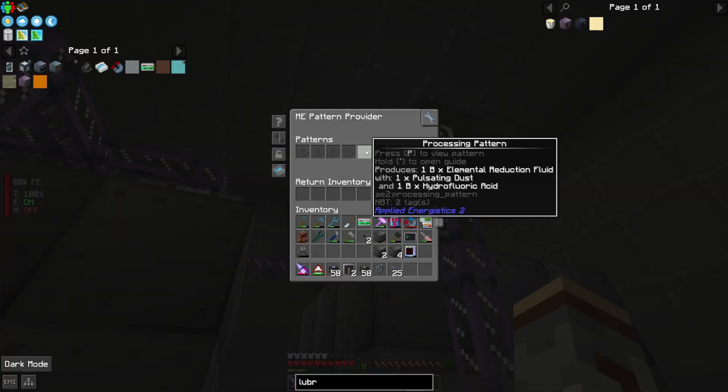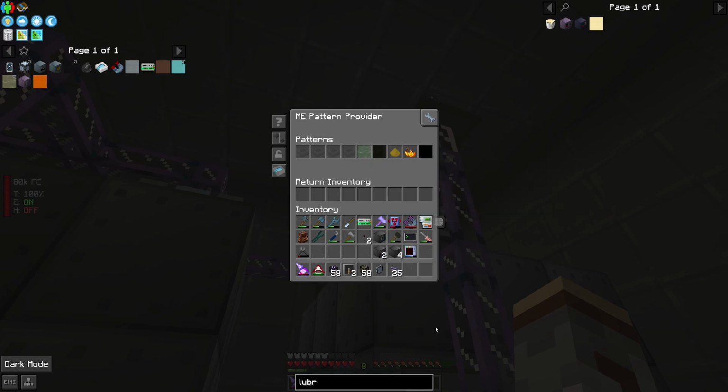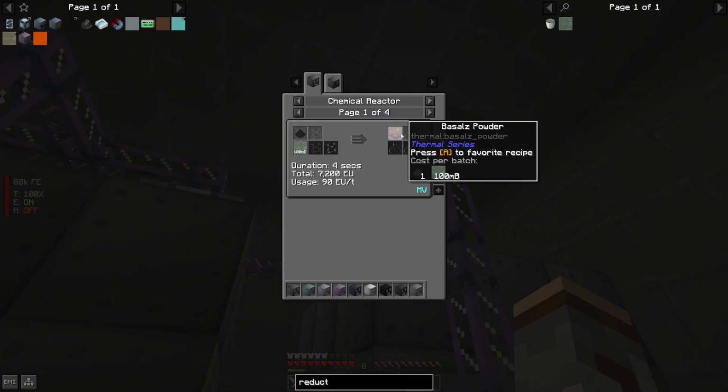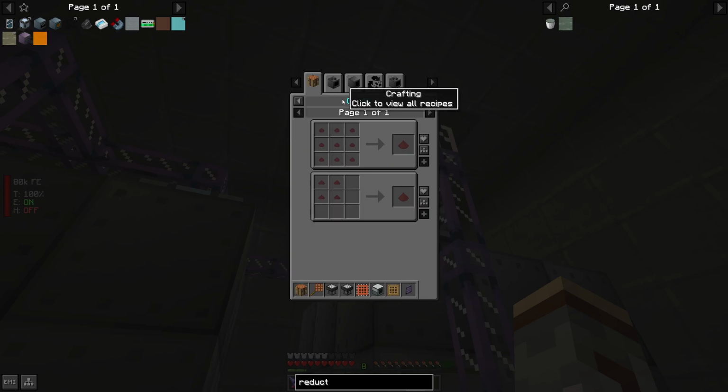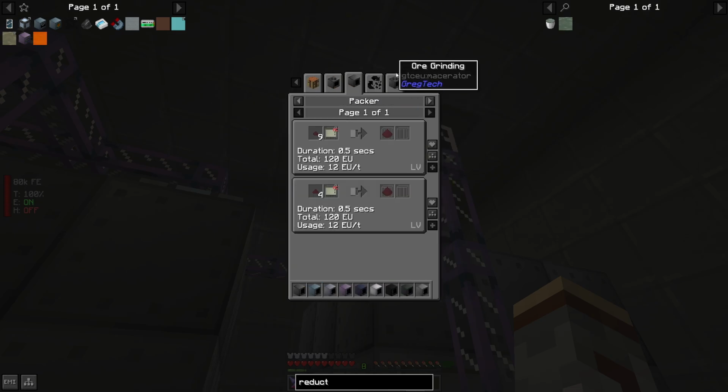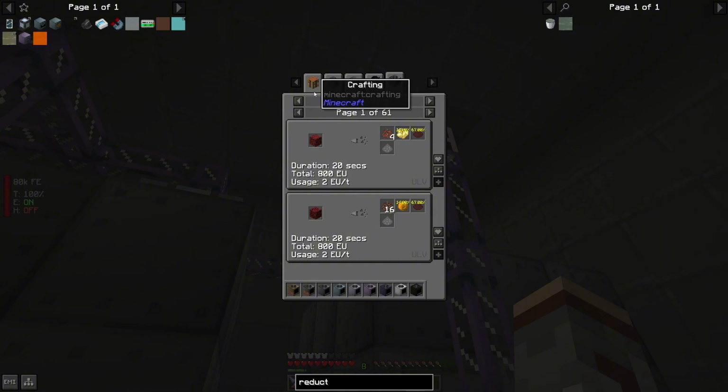I also have the reduction fluid set up in there, which again, we're going to need for making the powders and whatnot. We're going to need to get the snow block set up. Netherrack shouldn't be too crazy, I don't think, but we'll get there. Actually, can you make netherrack without... yeah, I might need to just macerate it.